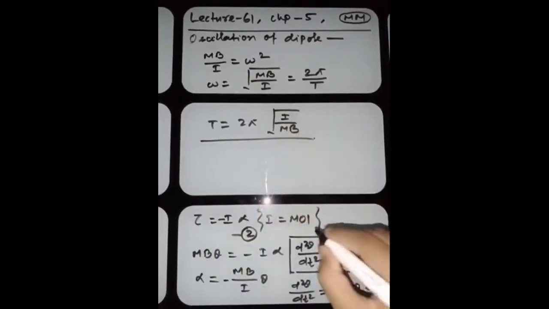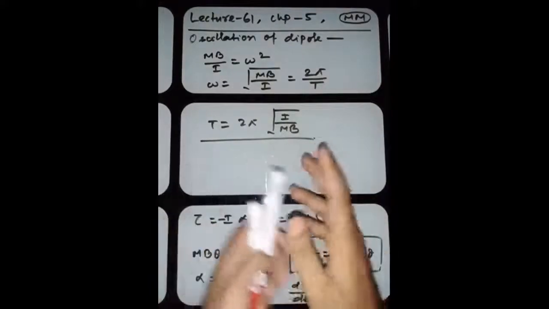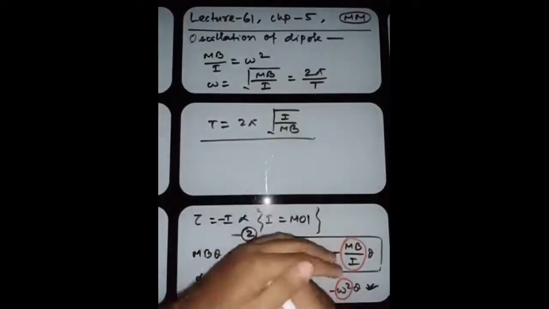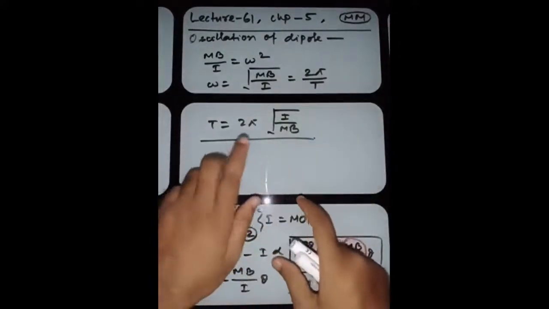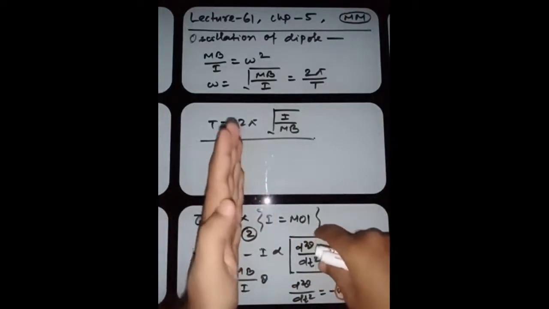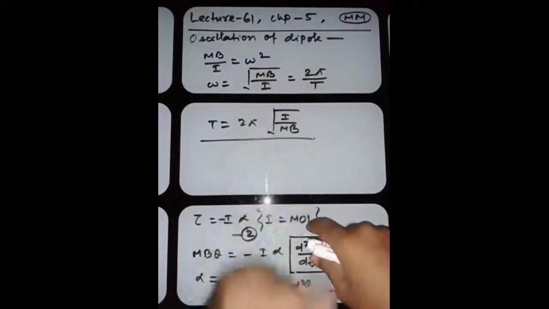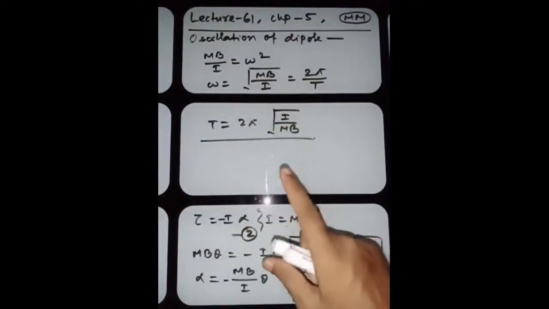All right, so this is the time period of oscillation that the magnetic dipole performing the SHM on its axis if it is disturbed from its stable state. Okay, my dear student, so this is the SHM.